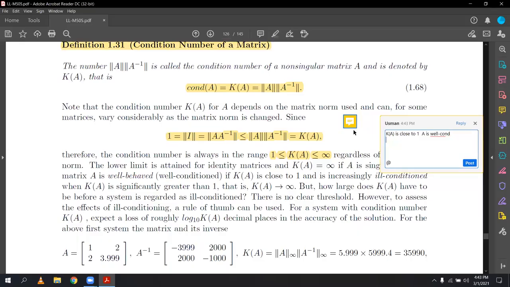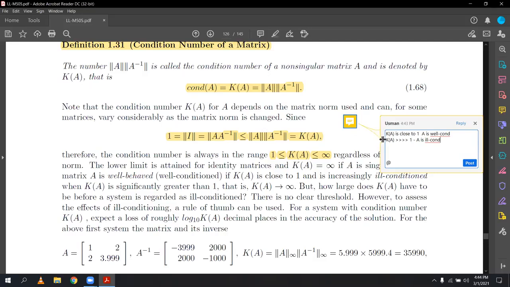But if the value of K of A is greater than 1, that means very far away from 1, it means your A is ill conditioned.